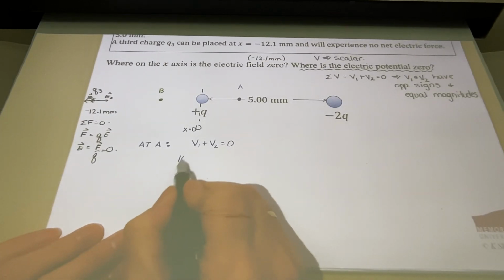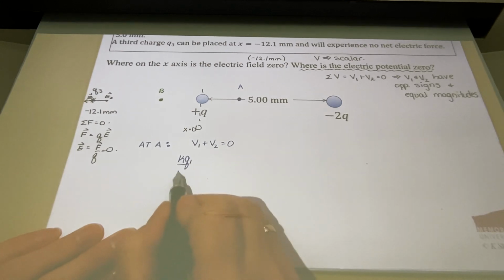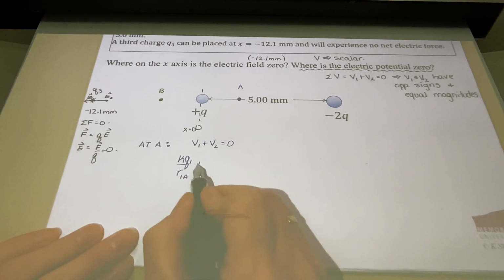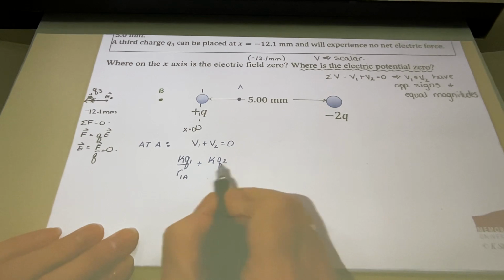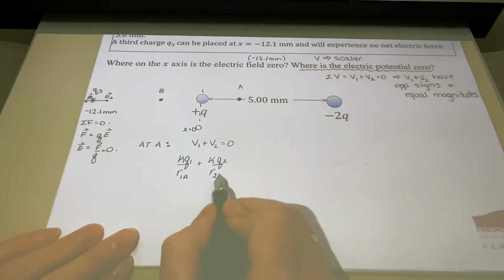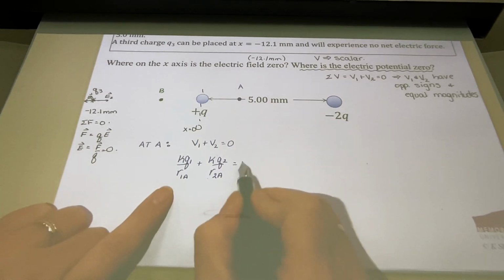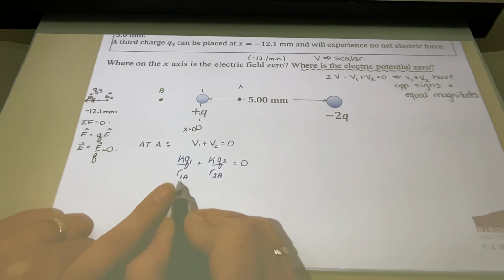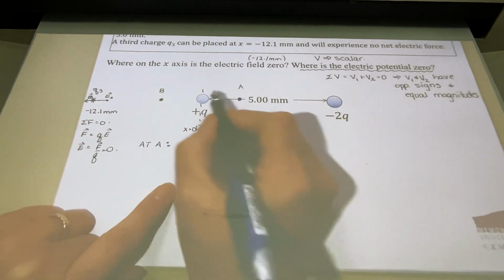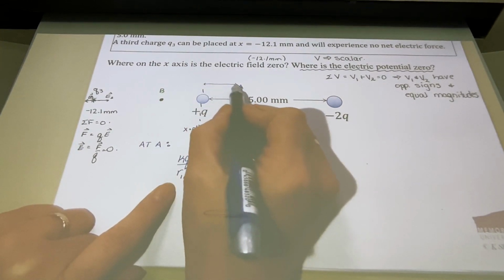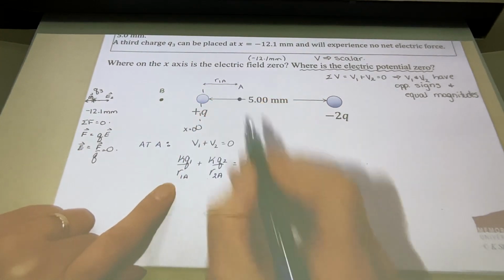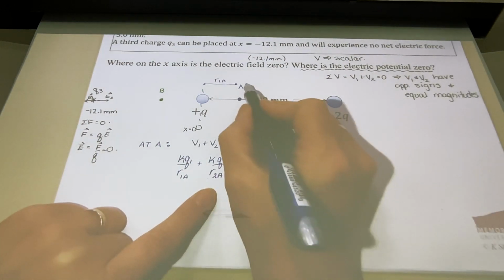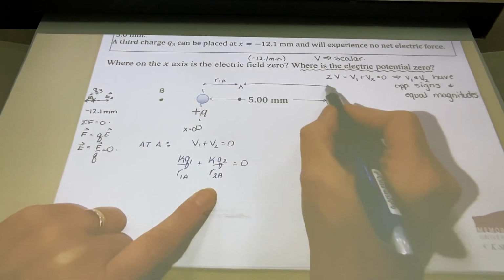So K times Q1 over R1 at point A plus K times Q2 over R2 at point A equals 0. I put these in my equation, so I need to put these in my diagram. R1A is the distance between charge 1 and point A. R2A is my distance between charge 2 and point A.